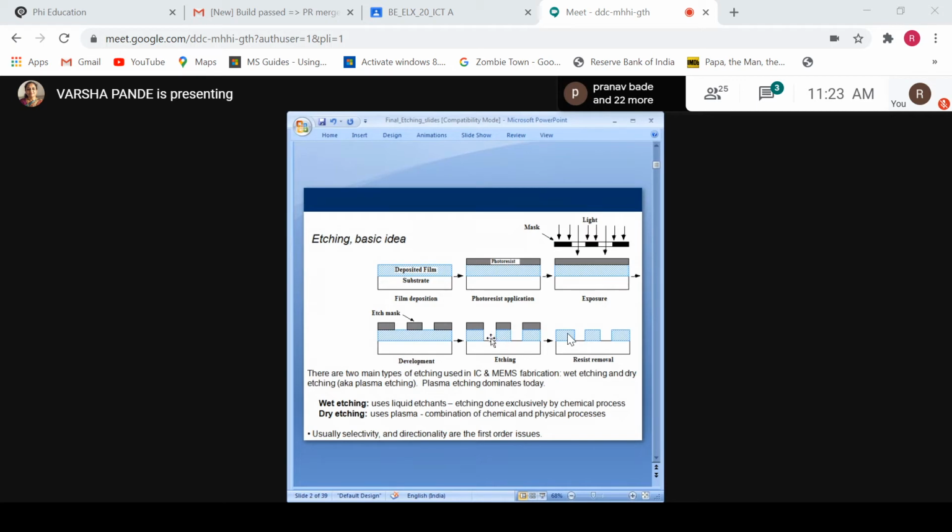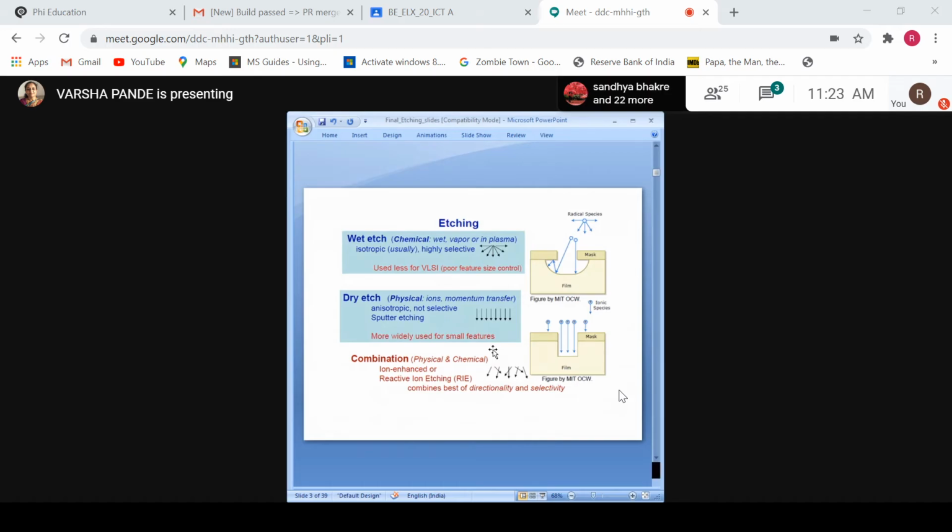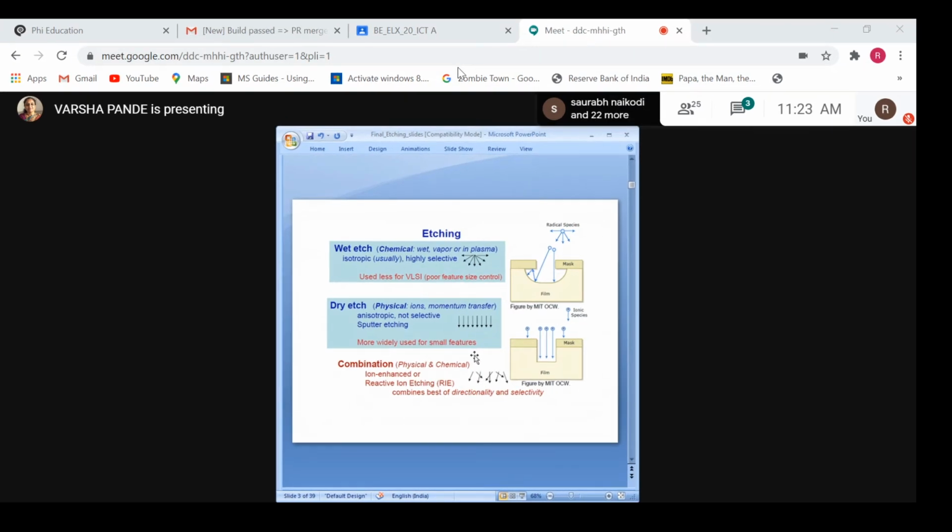If the time is not maintained properly and the etching process is done for more time, it will etch silicon dioxide, and whatever substrate material is below it will also be etched. Therefore, there are two things: one is isotropy and another is directionality.